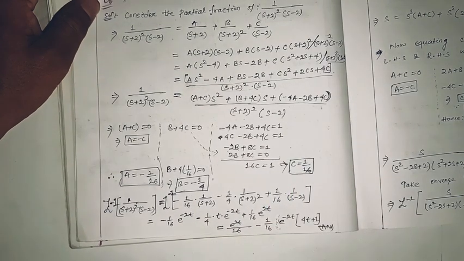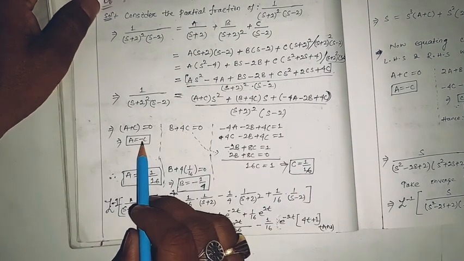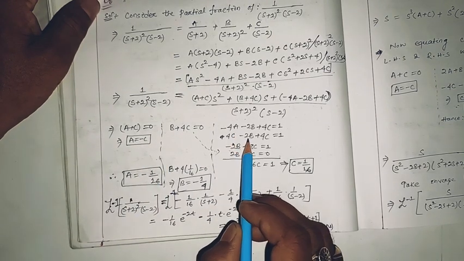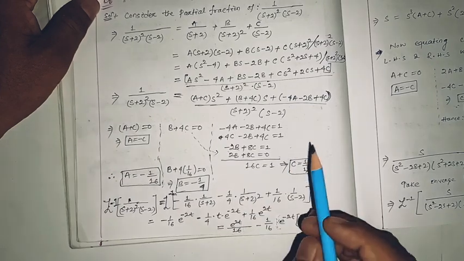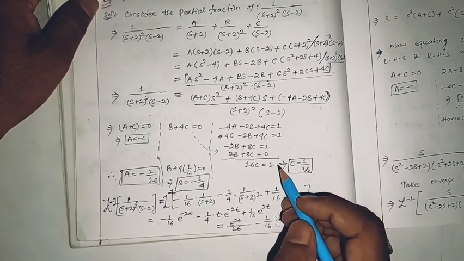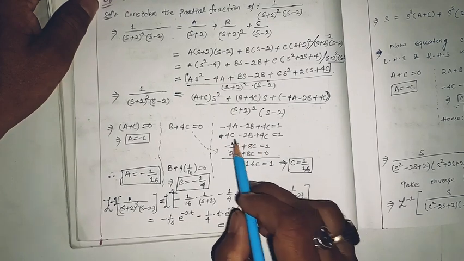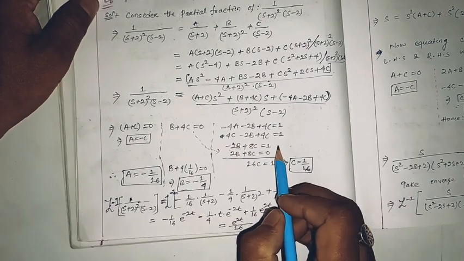Now here a is minus c. So putting minus c instead of a, it will be 4c minus 2b plus 4c equal to 1. So this will be minus 2b plus 8c equal to 1.